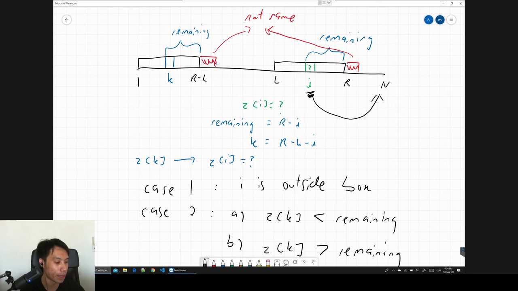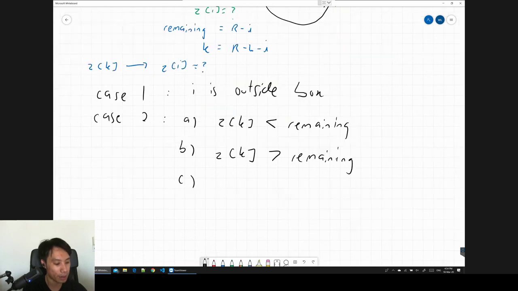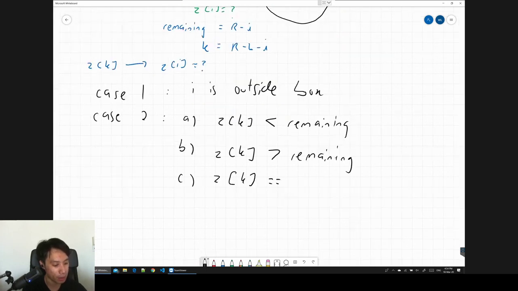For example, if my remaining has a size of 10 and the number here which I save as Zk is 11, it means 11 characters from K onwards are the same as my prefix. And the last and final case will be Zk equals remaining.